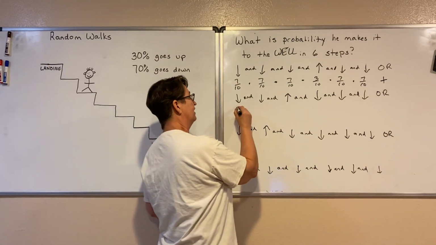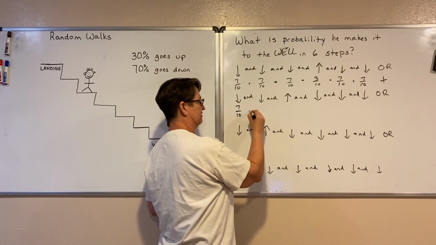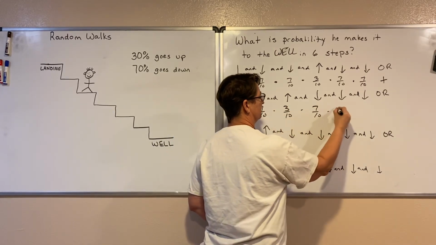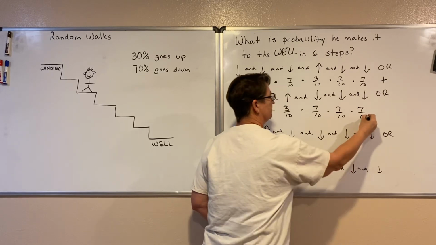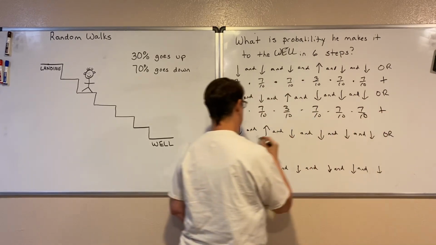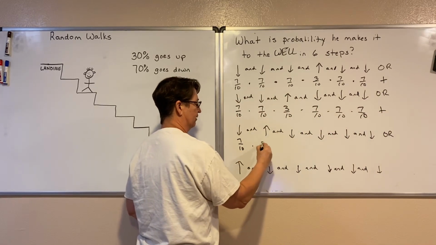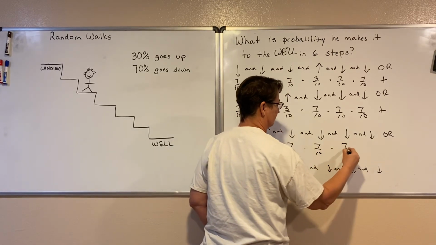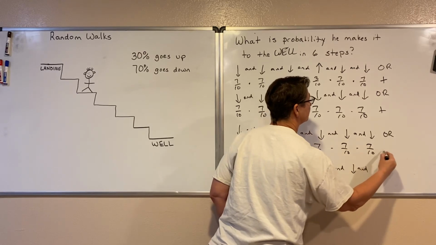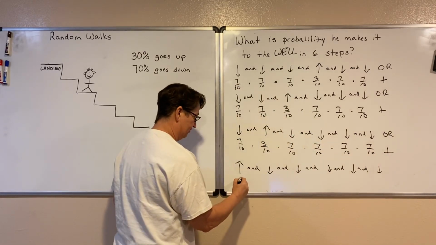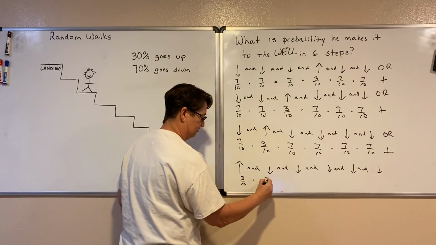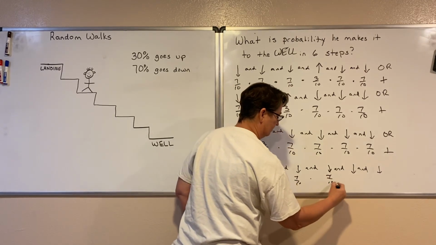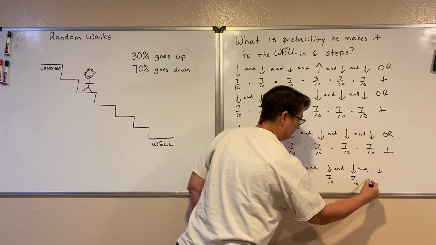So, and here I have the same thing, 7/10, 7/10, 3/10, 7/10, 7/10, 7/10. That or tells me to add 7/10 times 3/10 times 7/10 times 7/10 times 7/10 times 7/10. I'm going to add, and then I have 3/10 times 7/10 times 7/10 times 7/10 times 7/10 times 7/10.